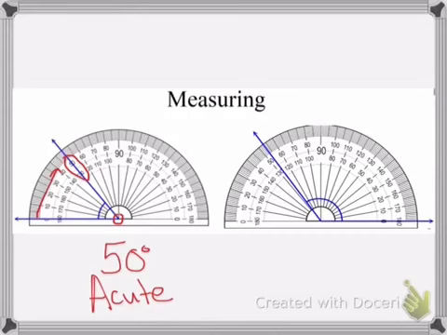I don't know how well you can see this, but it's either at 53 or it's at 127. So I look at this angle and I see, okay, it started from 0 here, and it's going this way. It's definitely more than 90. It's definitely an obtuse angle. So 53 doesn't make any sense. 127 degrees, this is an obtuse angle.